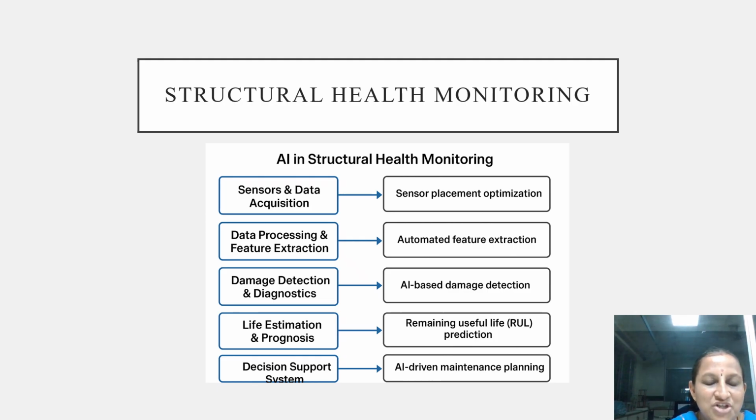Based on the damage identification, we need to estimate the life of the structure, and remaining useful life prediction can also be done using AI techniques. And finally, AI-driven maintenance planning can be done through the application of AI in the decision support system.